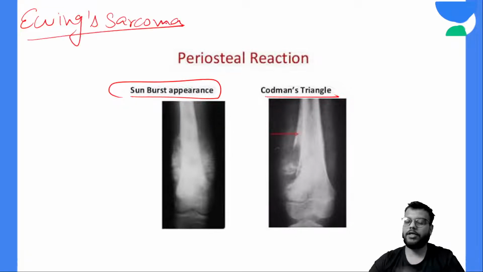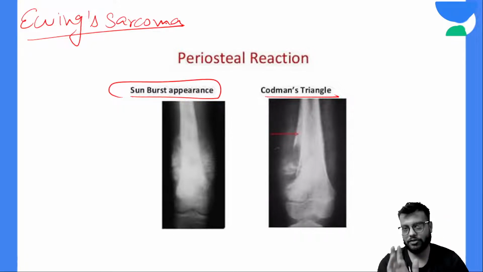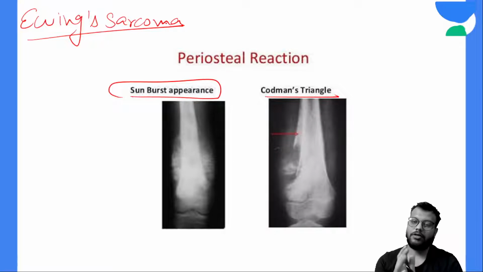Very important. See, the bone tumors are very important. Every year at least one question, in every examination at least 1 to 2 questions come from this topic, and in this topic 3 things are very important: the GCT, the osteosarcoma, and the Ewing sarcoma. Mostly questions come from any of these 3 topics.